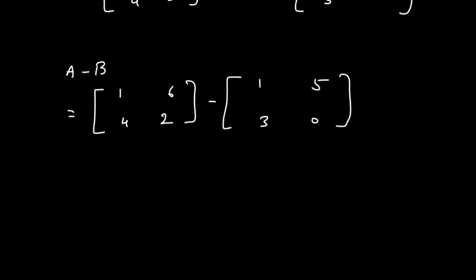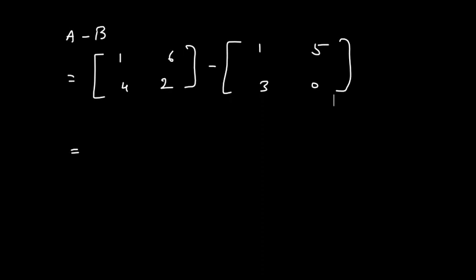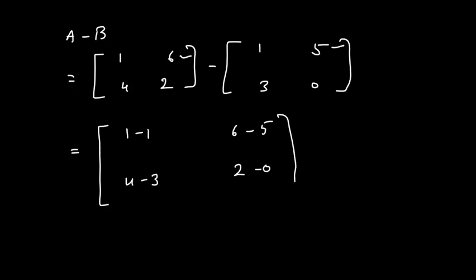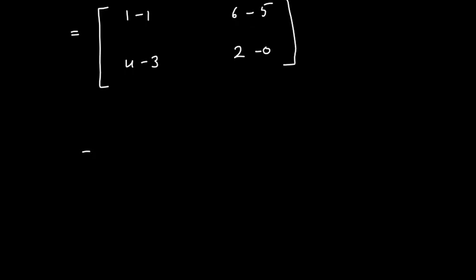Again, from corresponding elements: from 1 we subtract 1, from 6 we subtract 5, from 4 we subtract 3, and from 2 we subtract 0. If any element is negative, then when you subtract, minus minus becomes plus, so you have to take care. 1 minus 1 is 0, 6 minus 5 is 1, 4 minus 3 is 1, and 2 minus 0 is 2. So this is your answer of subtraction.